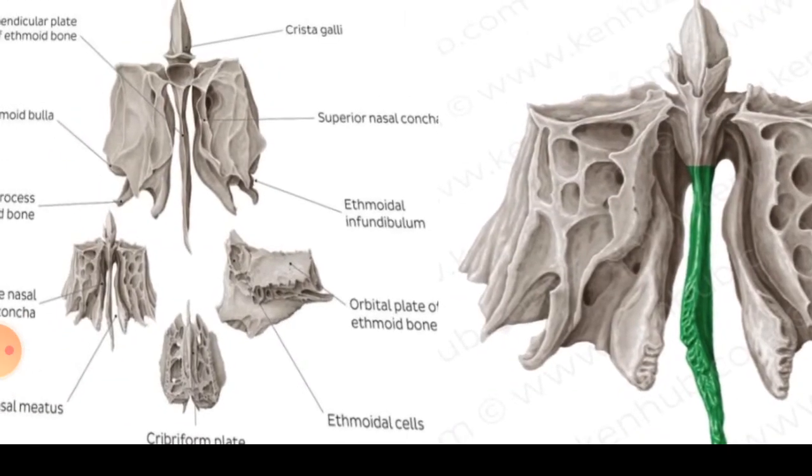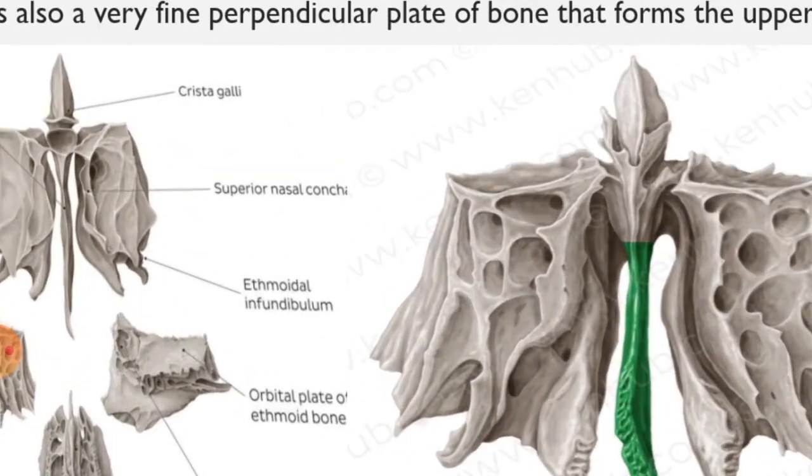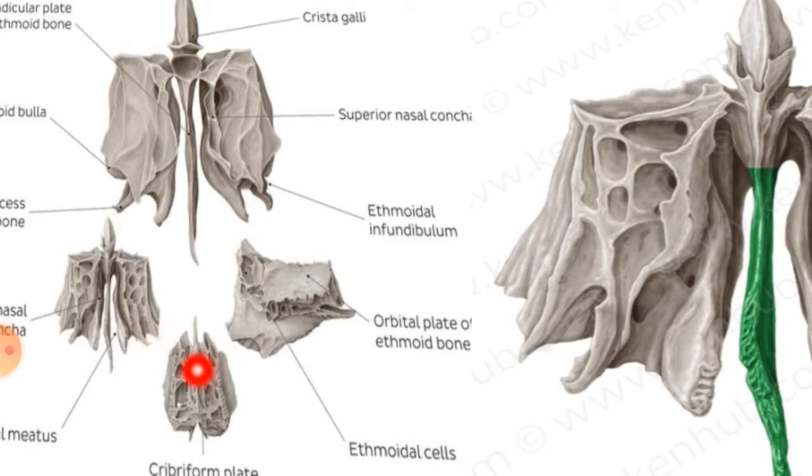Okay, so in the anterior cranial fossa, you will appreciate the crista galli, this part of the ethmoid bone, and the cribriform plate, this part. So you can appreciate the small openings in the cribriform plate, and from here the olfactory nerve basically passes from the nasal cavity into the brain.